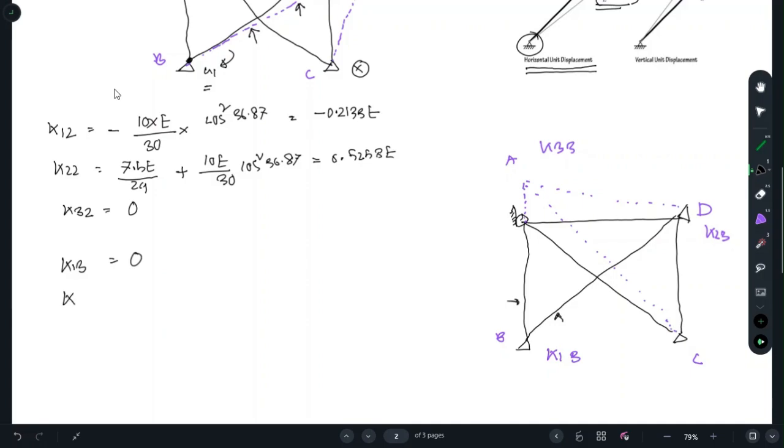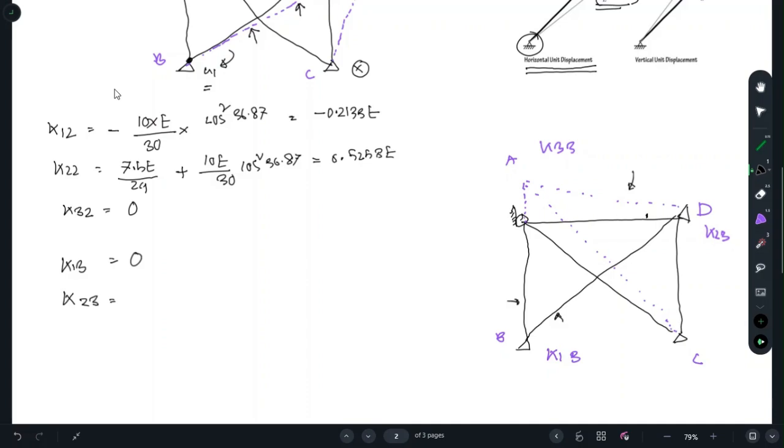Next thing is K23. For K23, the displaced frame is only one, that is AD. And if you look carefully, your AD is making an angle of 0 degree with horizontal one, isn't it?